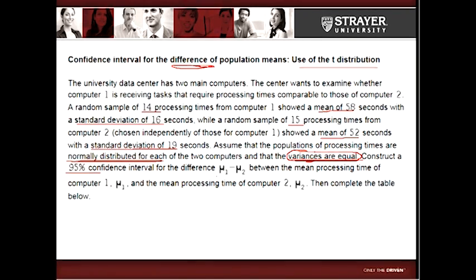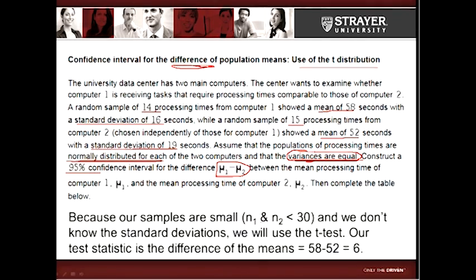So construct a 95% confidence interval for the difference mu1 minus mu2, and complete the table, which is lower limit, upper limit. Because our samples are small, both less than 30, and we don't know the standard deviations, we will use the t-test.